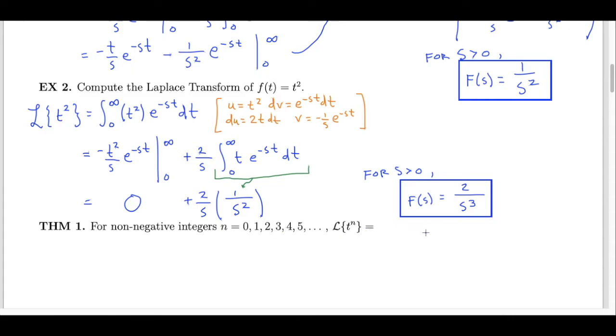In fact, looking at these 2 examples, it looks like the power on s is 1 larger than the power on t. So I could write that the transform of t to the n will have a denominator of s to the n plus 1. How about the numerator? It's not totally obvious, but I'd encourage you to just think about it for a little bit.